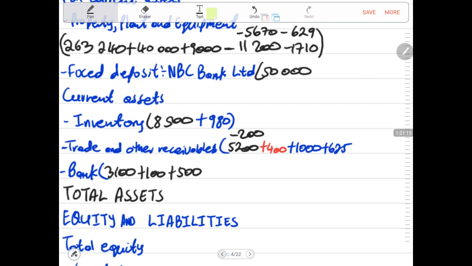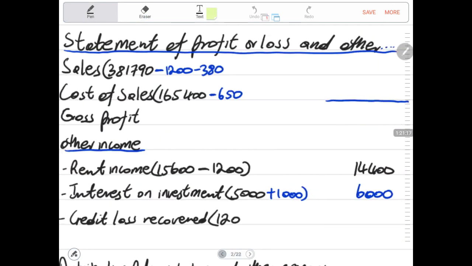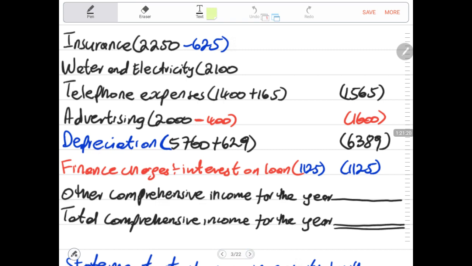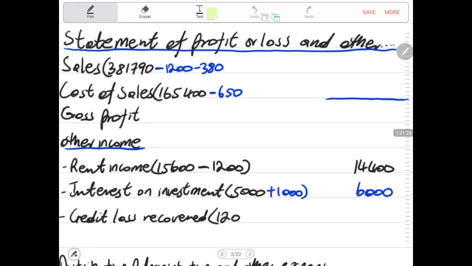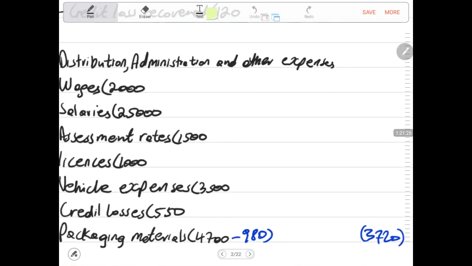Then I will say this is the amount that goes to the income statement, and under our credit losses, credit loss or bad debts, there plus 200 rands. So this will be 750 rands, the total of our credit loss. So there's still one amount to be accounted for, that I know.